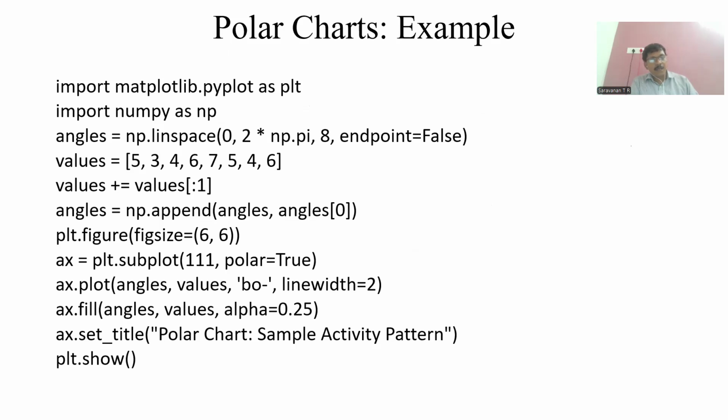This is an example of a polar chart. Here we specify angles as theta values, values are provided, and you append the angles to provide a circular representation. Here many values are specified with the size, and the width of the line is also specified.